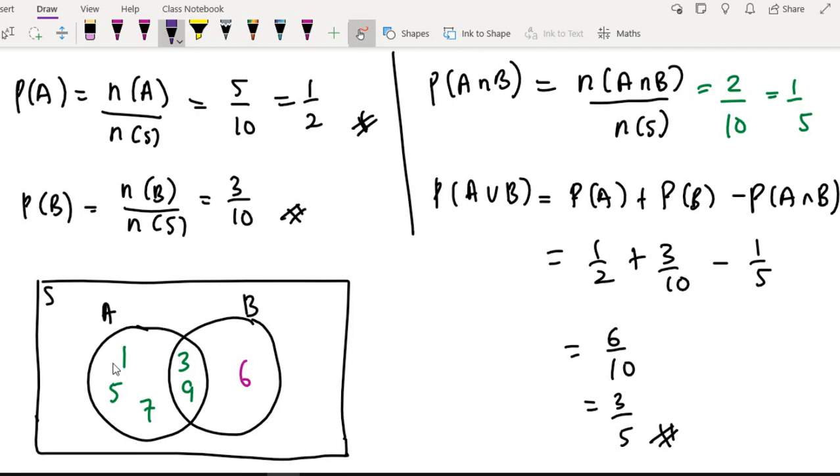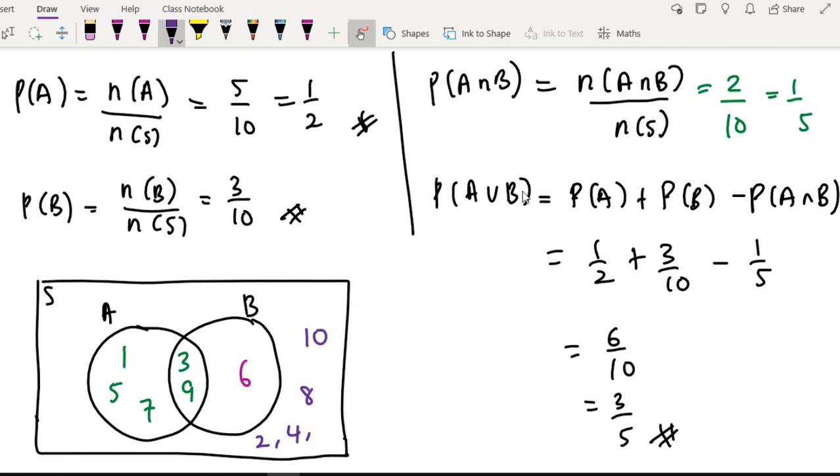The numbers belonging to A and set B are placed, and we need to list down those outside here: 2, 4, 6, 7, 8, 9, and 10. So from the Venn diagram, you can see A intersect B is 3, 9, so 2 out of 10, which equals 1 over 5.